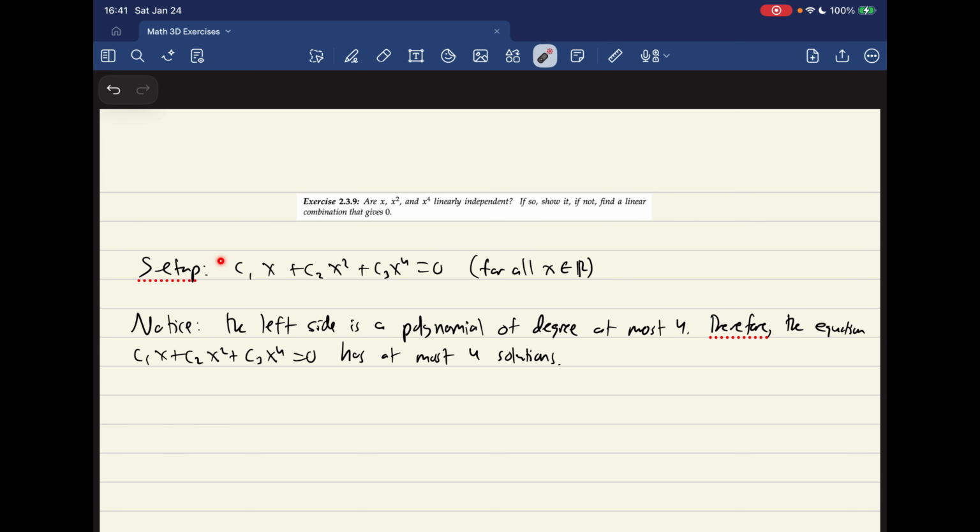When we write this, let me label that whole thing star.